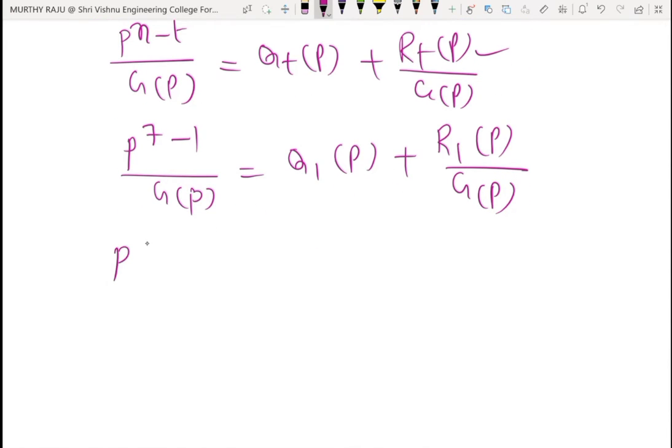Here P power 7 minus 1 means P power 6 by G of P, already given in the data, P cube plus P plus 1. Perform the division operation. You will get a quotient term and a remainder term.